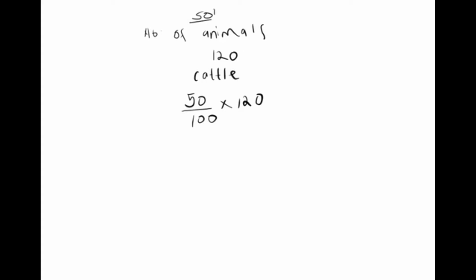Then we can simplify. This 0 will cancel with this 0. This 0 will cancel with this 0. 5 times 12, we get 60. So the number of cattle here was 60. Let us get the number of goats.